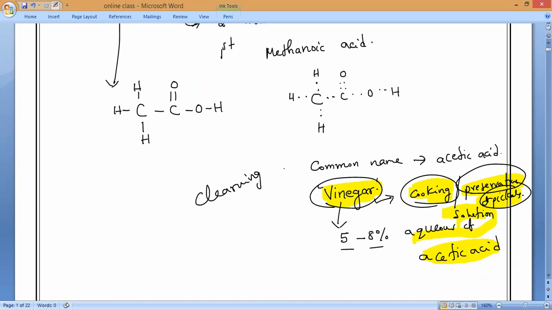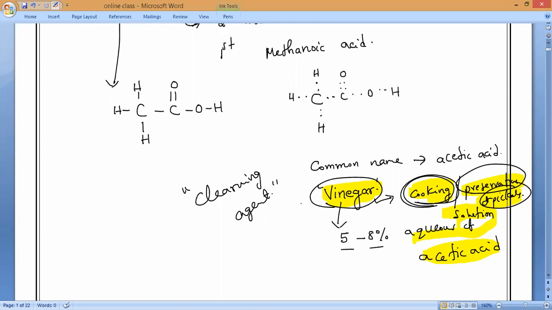So we get two kinds of vinegar: one which we use for cooking, and another for cleaning. As it is acidic in nature, we use some types of vinegar for cleaning toilets and so on. But both are not the same vinegars; the concentration will be different. That you have to remember.